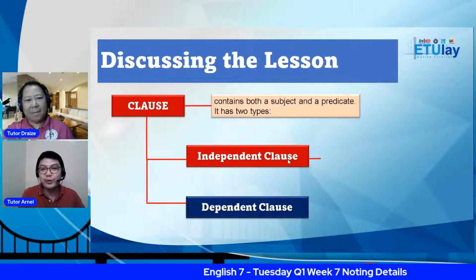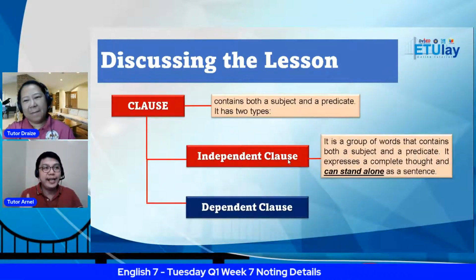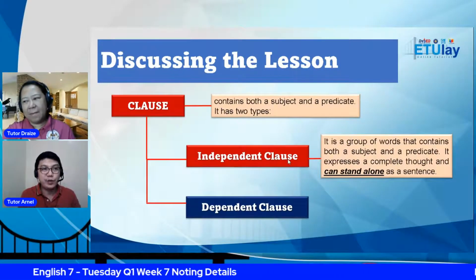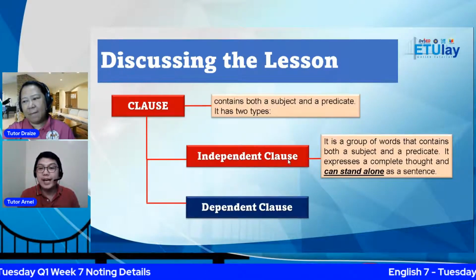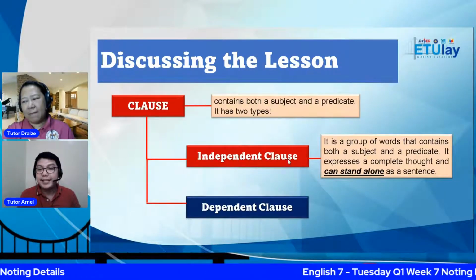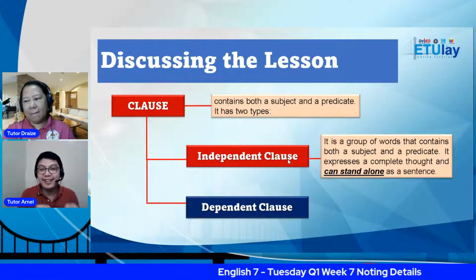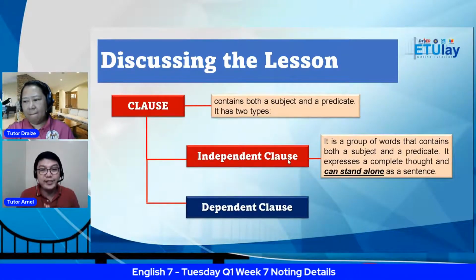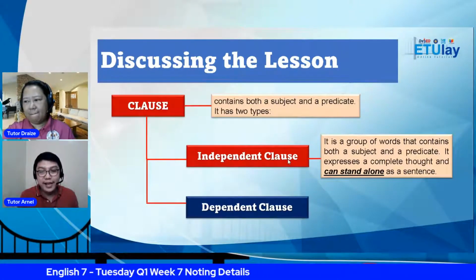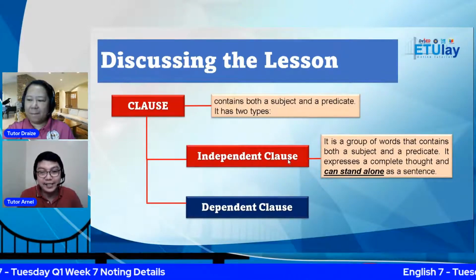So what's the difference between the two? So students, independent clause is a group of words that contains both a subject and a predicate, and it expresses a complete thought and can stand alone. Meaning to say the thought of it is complete and it can stand as a sentence.